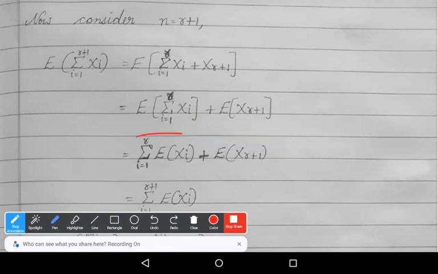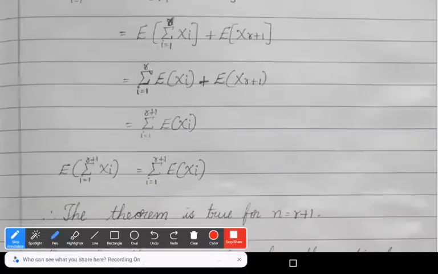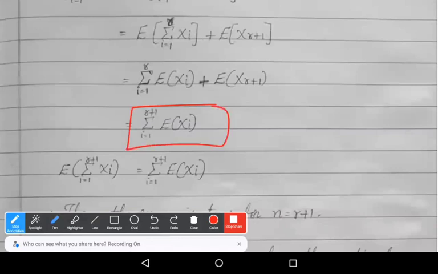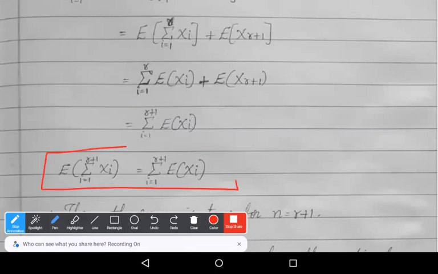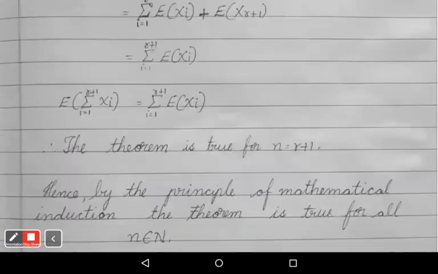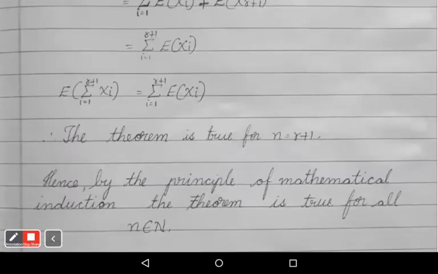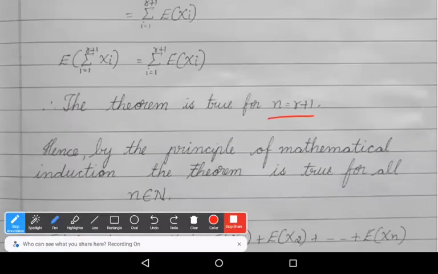So the sum of these two terms can be written as summation over i is equals to 1 to r plus 1 expectation of xi. Therefore, expectation of summation i is equals to 1 to r plus 1 xi is equals to summation i is equals to 1 to r plus 1 expectation of xi. It means the theorem is true for n is equals to r plus 1.